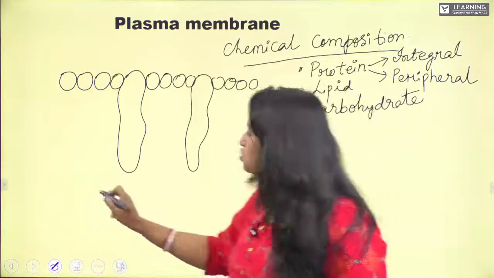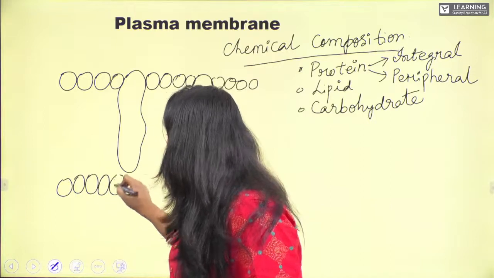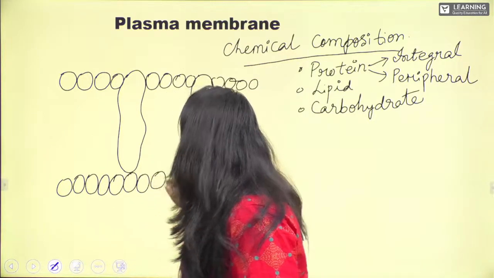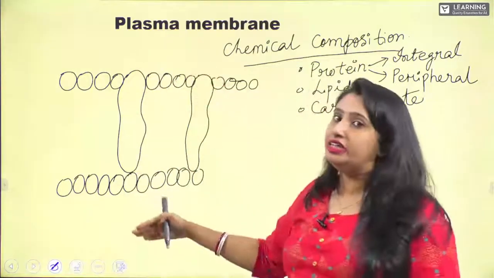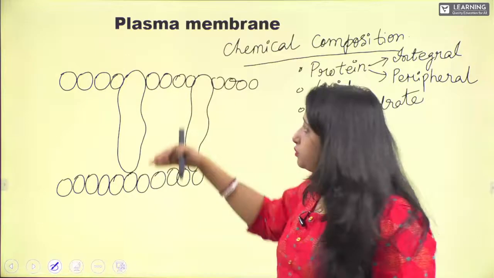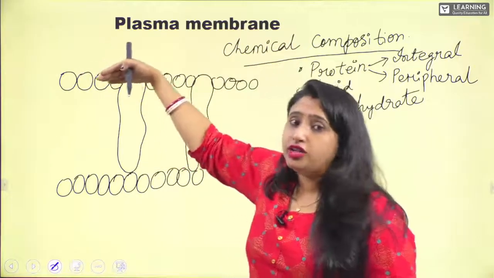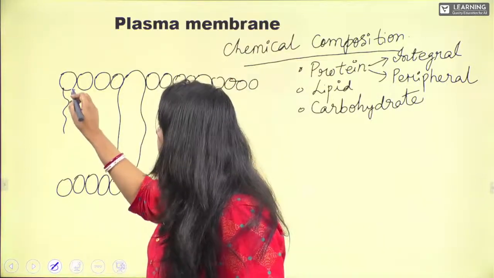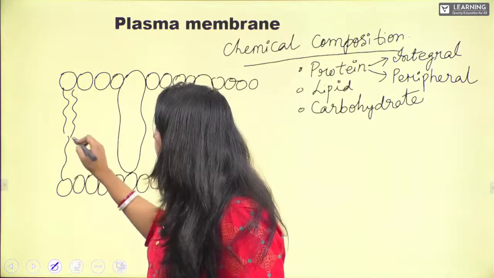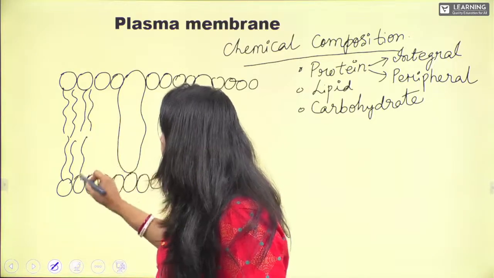So let us draw the structure of the plasma membrane. If these are the phosphate groups, what are they facing? They are facing the external and internal parts, right? The phosphate groups are water loving, so they are facing the water. Inside, what you will see is the hydrophobic tail, which is made up of lipids, right?